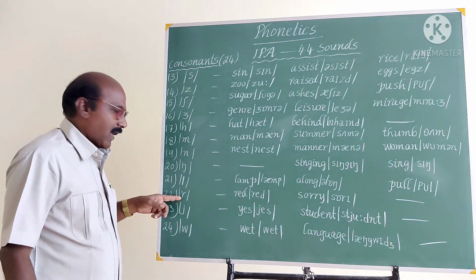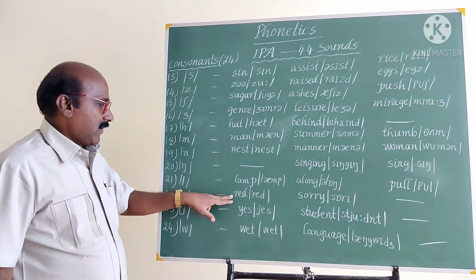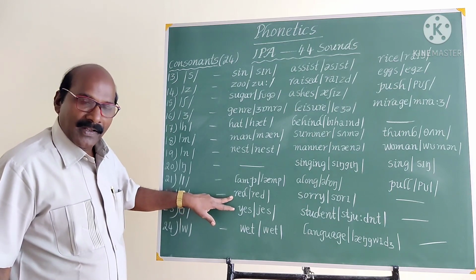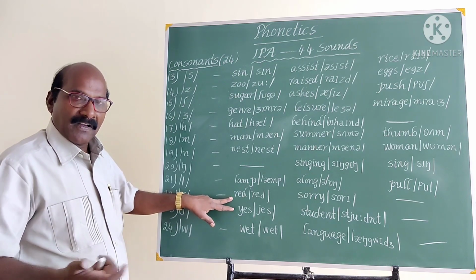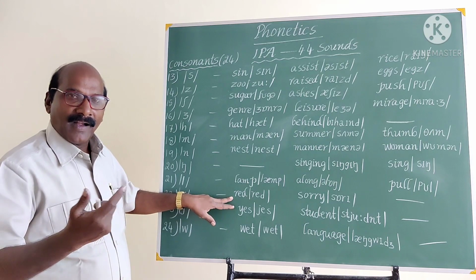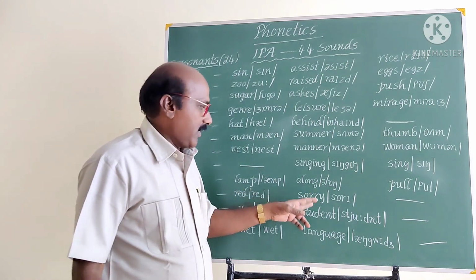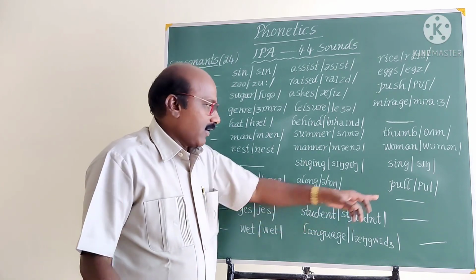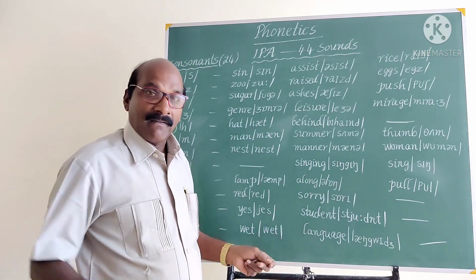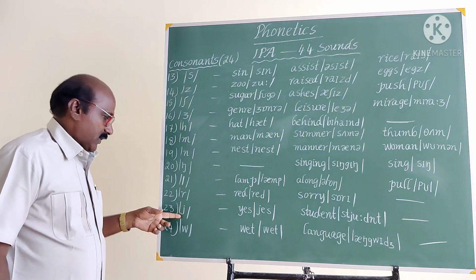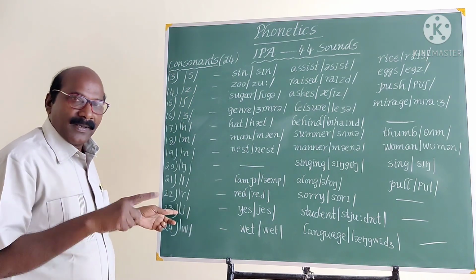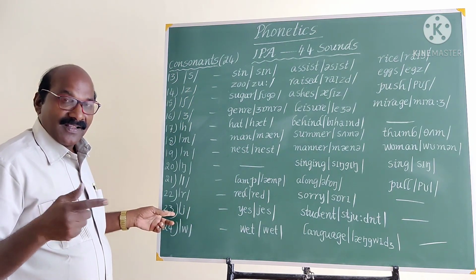This is r. Initially, red, a frictionless continuant, like red. Medially it occurs, sorry, and finally it never occurs. So the letter may be J, but not the sound of j.